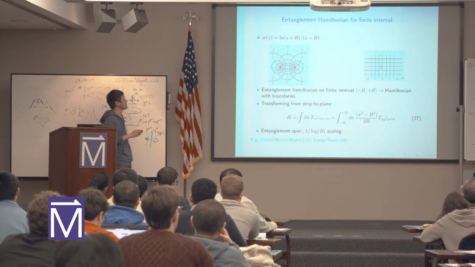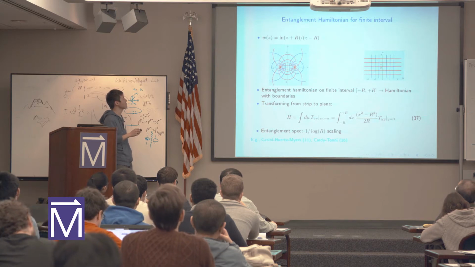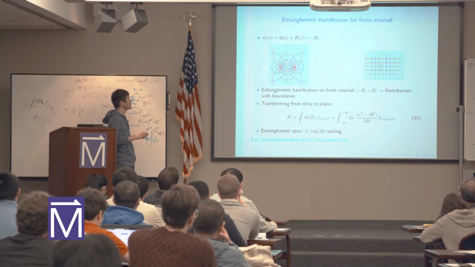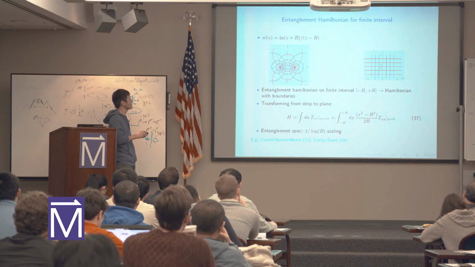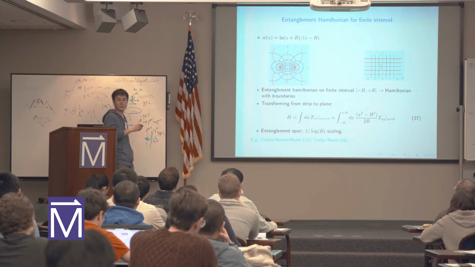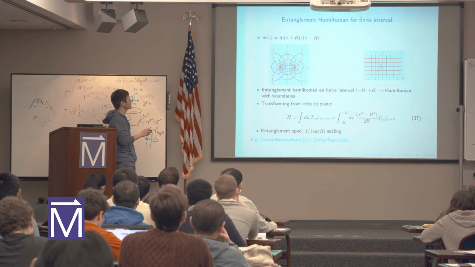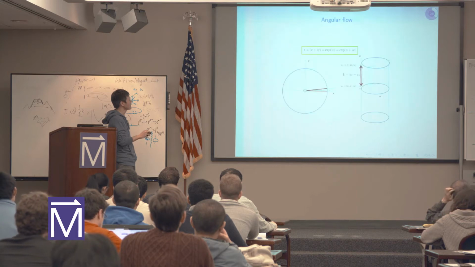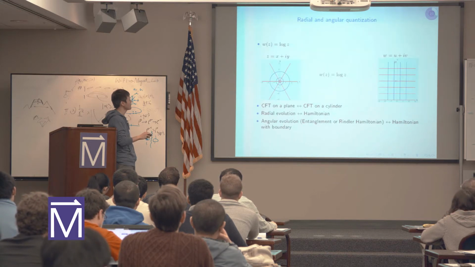So we use instead this conformal map, and I just repeat what I did before. These red curves represent the analog of the radial evolution, which we did before. A good analogy is that in the previous conformal map, I was putting some sort of vortex.